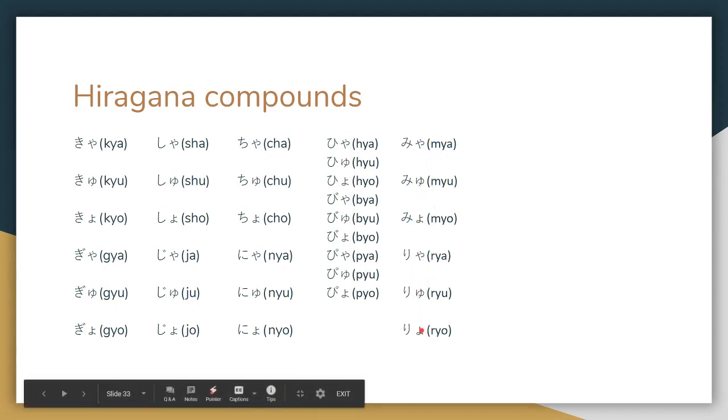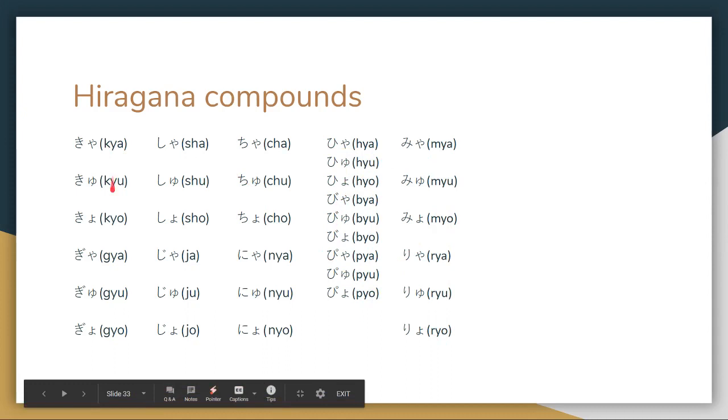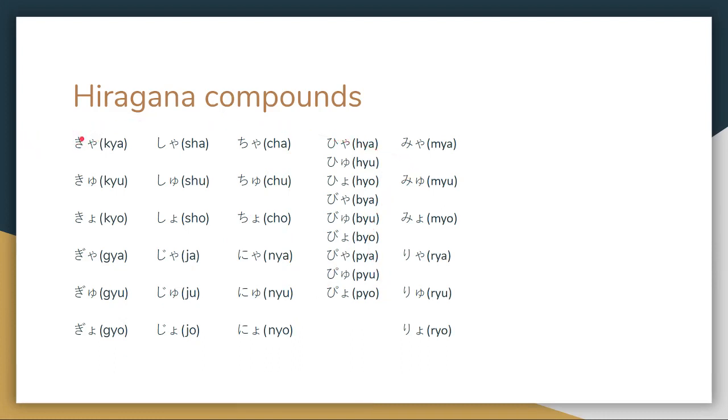They are all ya, yu, or yo, and you can see ya, yu, yo a lot in these. Then all of these are the i versions of the hiragana. So ki, gi, shi, ji, chi, ni, hi, bi, pi, mi, ri. They're all i.